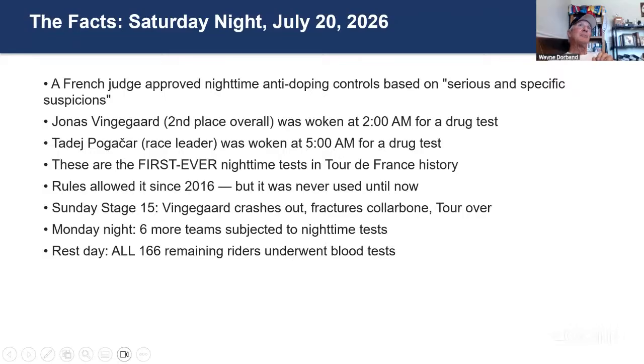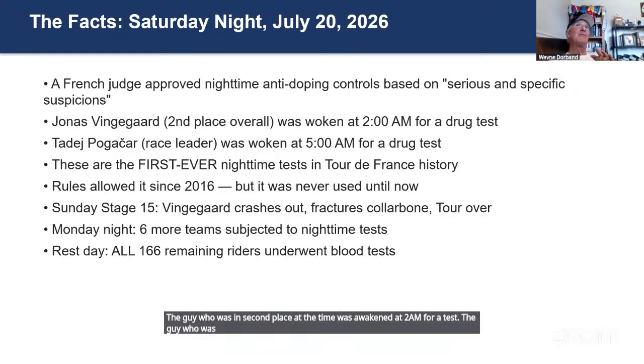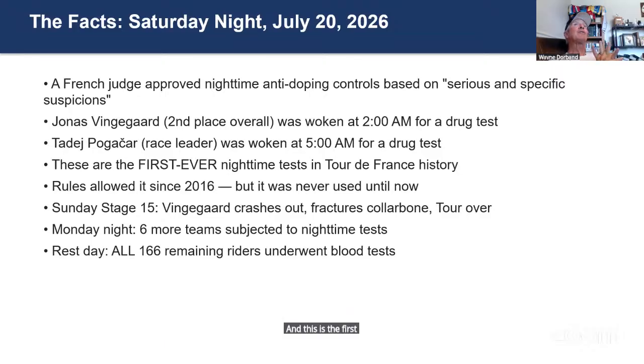The guy who was in second place at the time was awakened at 2 a.m. for a test. The guy who was leading was awakened at 5 a.m. for a test. And this is the first time they've ever done nighttime tests in its 100-some-year history. So this is rare. It just doesn't ever happen. The rules have allowed it since 2016, but it's never been used until now.